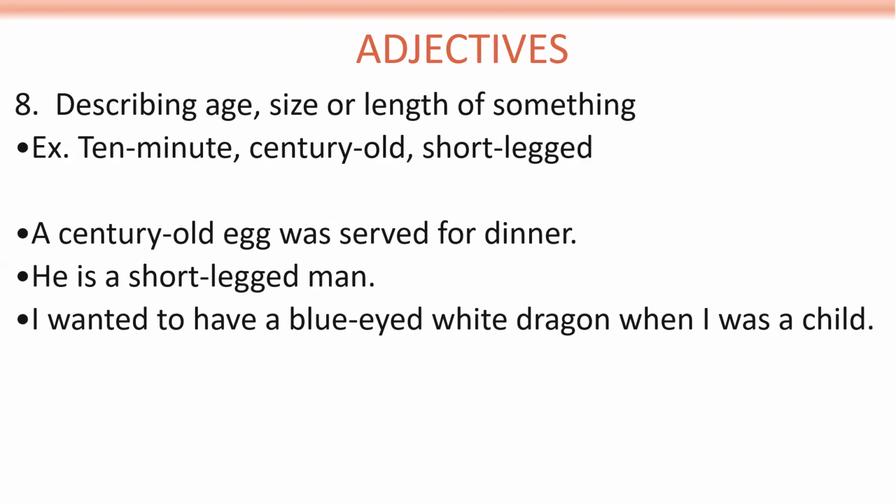All right, so here we have form number 8. Describing age, size, or length of something. Okay, you have to make sure that when you're using this type of adjective, you have to put a hyphen.